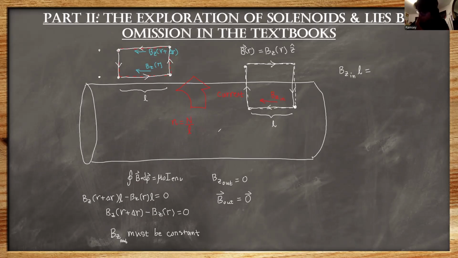Number density. We could probably say that the amount of current passing through a spot is maybe surface current times length. What the heck? I'm just going to start calling the current I. So I times length.